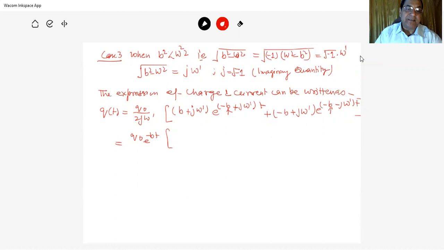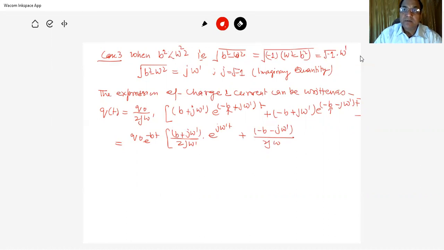If we multiply 2J omega inside, then we find B plus J dash omega upon 2J omega dash into e raised to the power J omega dash T plus minus B J omega dash 2J omega dash, and here it is e raised to the power minus J omega dash T.